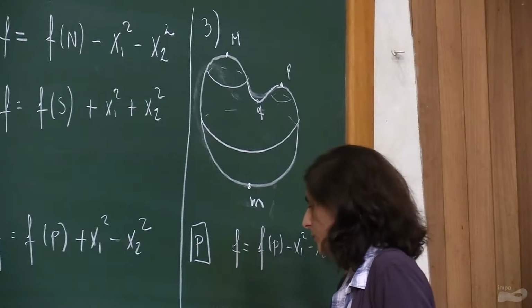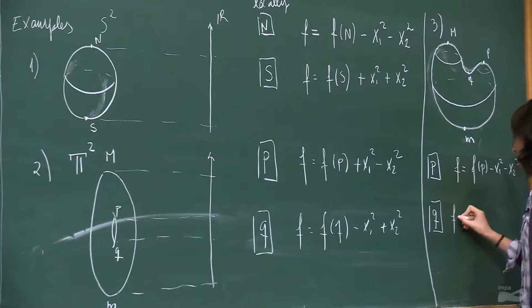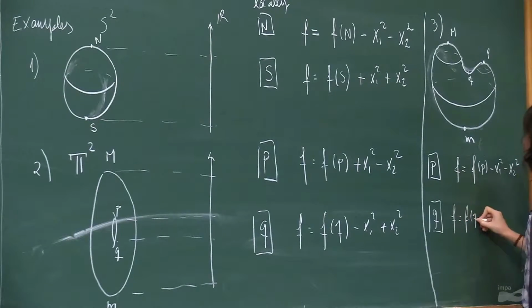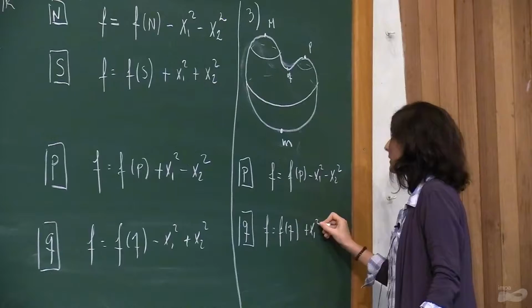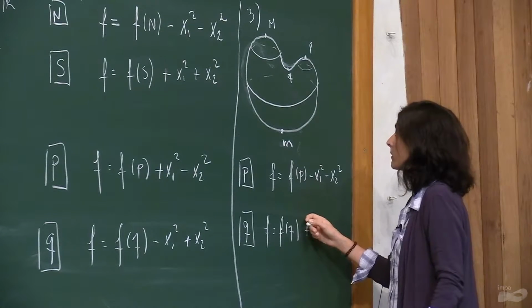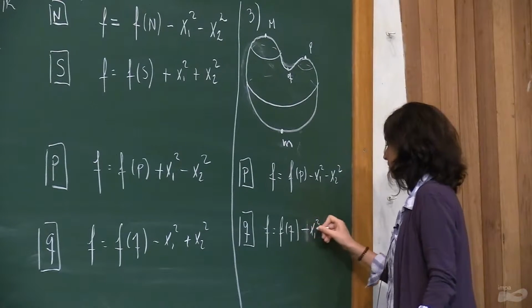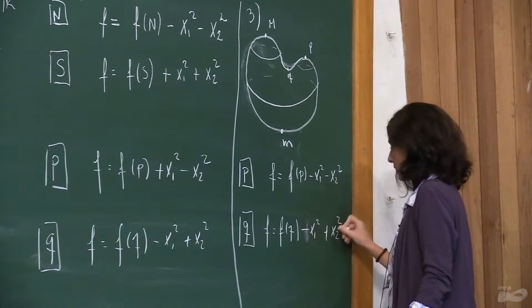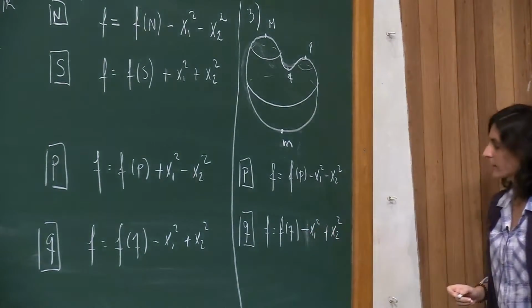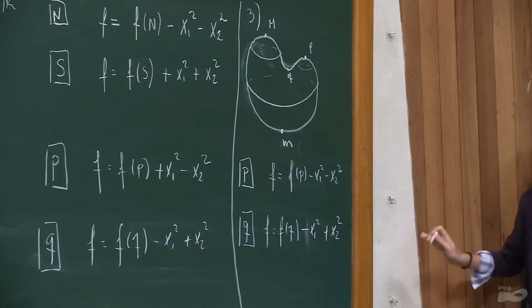And close to Q, F is of the form F of Q plus x1 squared, no, minus x1 squared plus x2 squared. Hopefully I'm not off by signs, but I think this is it.